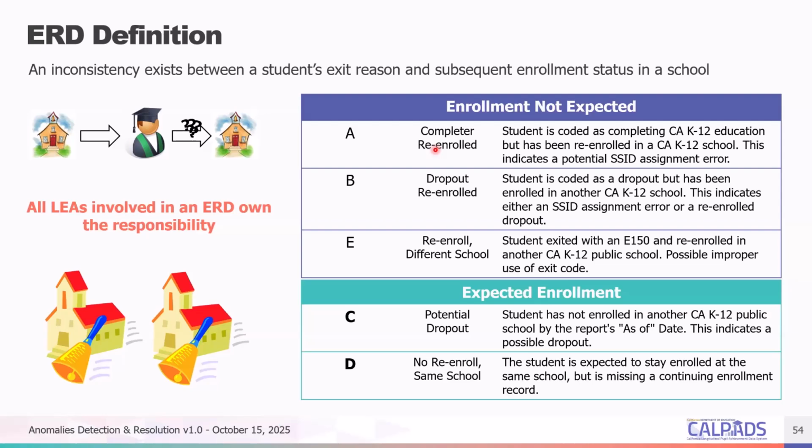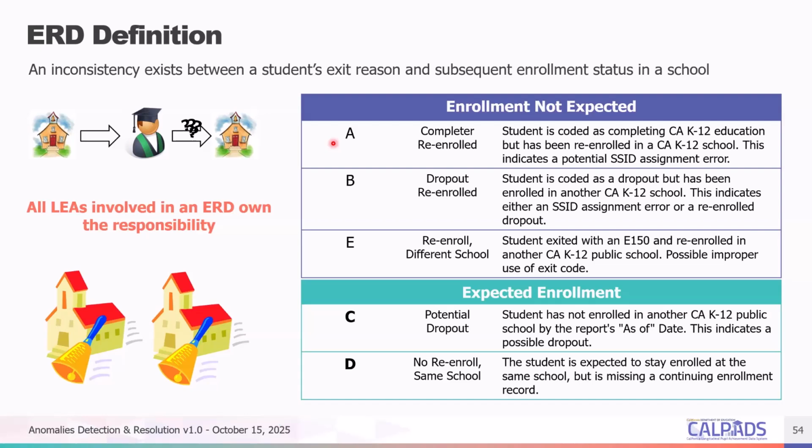If you've submitted an enrollment in this new year and the prior enrollment is a completer, you will get an enrollment type A ERD. This normally happens if you have a completer that graduated and you have a graduate exit in the prior year. It could be because you combined an SSID that was already exited in CalPADS.